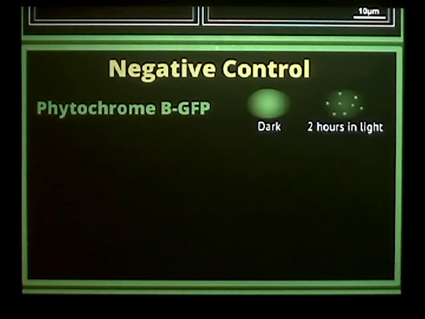And depending on the treatment that you give the seedlings, it can be either diffusely stained throughout the nucleus or in these more discrete speckles. However, it has not been implicated in splicing, and we don't think phytochrome B is part of the spliceosome, as best we know. So it's a nice negative control for another protein found in the nucleus, tagged with the fluorescent protein, that we would not expect to respond in the same way as spliceosomal proteins.